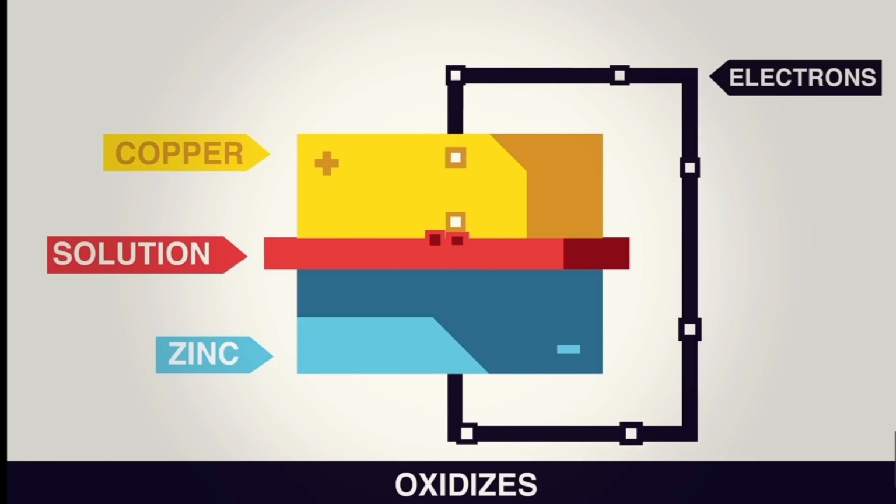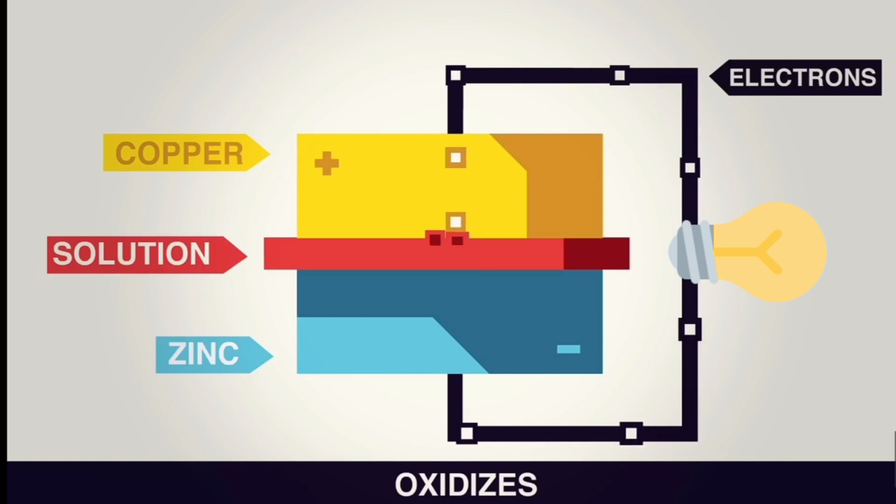We can use this movement of electrons to our advantage. Let's say in between the path of the electrons we connect an electrical bulb. Now those electrons are flowing through the bulb and traveling towards the copper block.